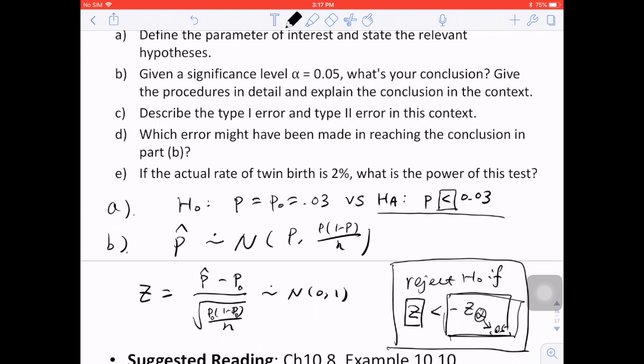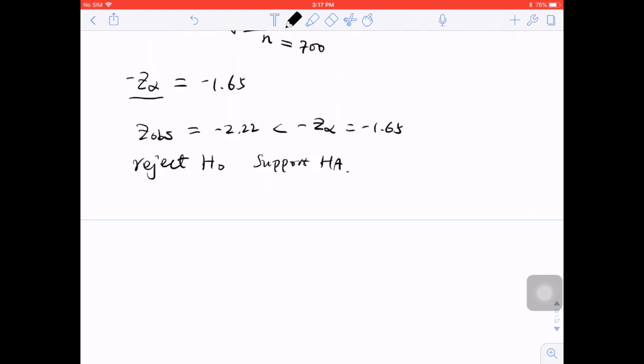So question C, describe the type 1 error and type 2 error in this context. Okay, question C. So first of all, remember what's your type 1 error? Type 1 error is a mistake, okay, when the null hypothesis is true, but you reject the null hypothesis.